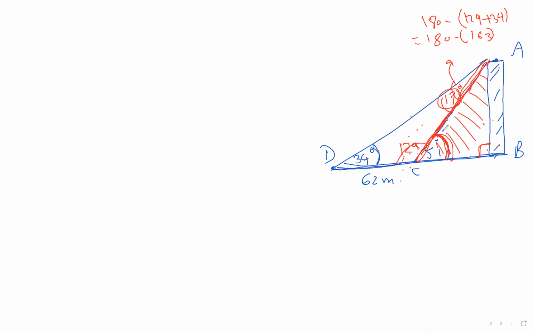So in this triangle, you can find the side AC, by using the sine rule because you have angles and one side. So AC over sine 34 equals 62 over sine 17. Do you understand?